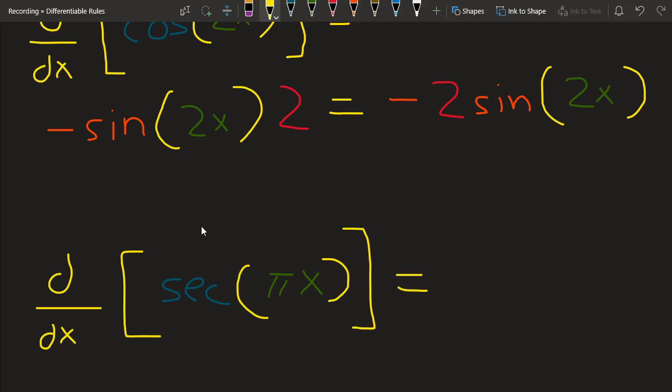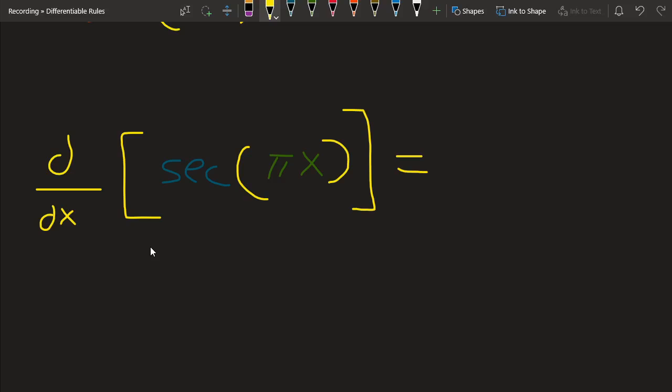So take a minute or two to try to figure out this problem, and come back when you are ready. Okay, so I'm assuming that you tried the problem for yourself, but if you didn't, again, here's how you would solve the problem. So first you'd have to identify f of x and g of x. So in this case, f of x is secant, and the g of x is pi x.